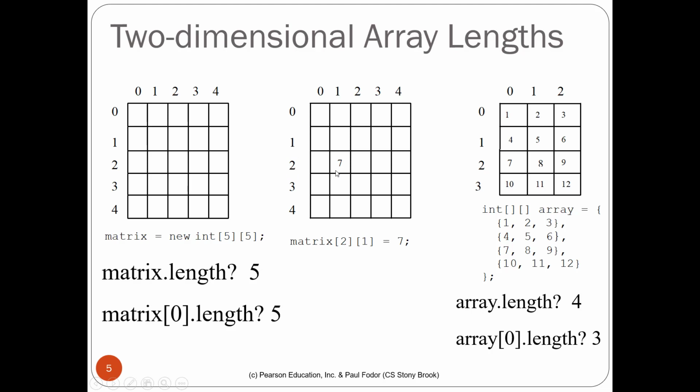So 2 is your row index, and then after that it is specifying that your column index is 1, which means this is 0 and 1. So in the row with the row index 2, and the column with the column index 1 is the place where we will put the value as 7.